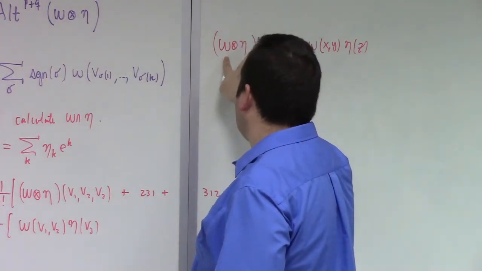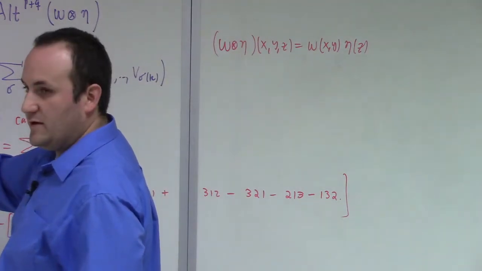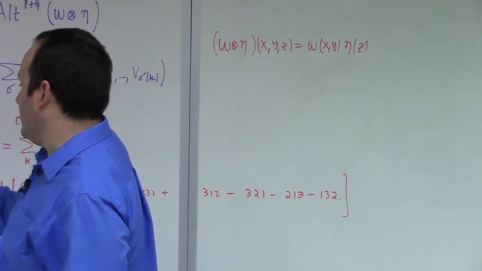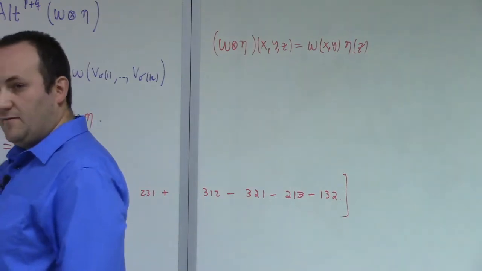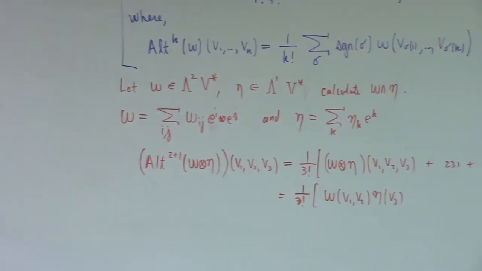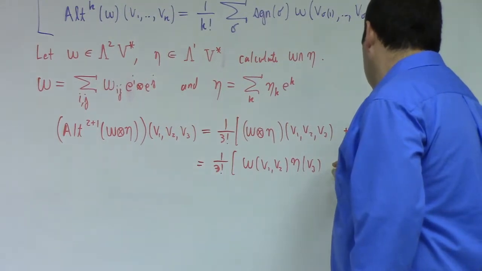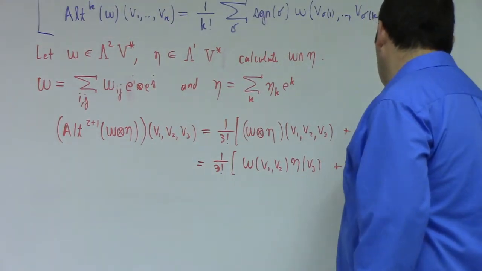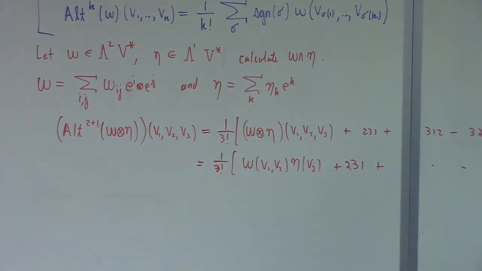I can break this down further. Omega is a sum, so if you let omega act on x, y, then you get e^i of x, e^j of y. It goes back to this formula and the definition I gave for how the tensor product of dual vectors acts on a tuple. I think that's okay. So I get omega of v1, v2, eta of v3, but then I get the same for these other permutations, until I get to minus omega of v1, v3, eta of v2.